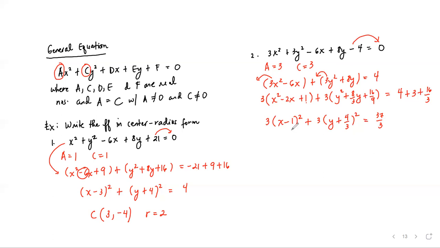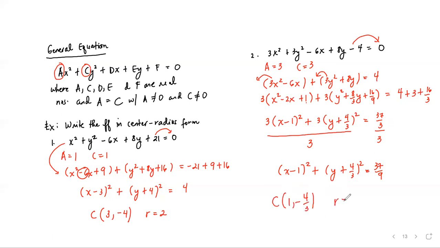And then dividing both sides of this equation by 3 will give us x minus 1 squared plus y plus 4 thirds squared is equal to 37 over 9. So in this case, the circle has center +1, -4 thirds, and its radius is the square root of 37 over 3.